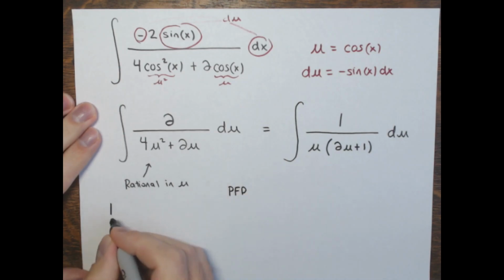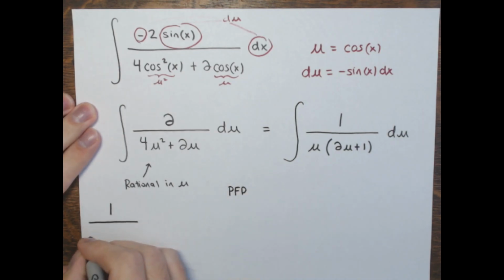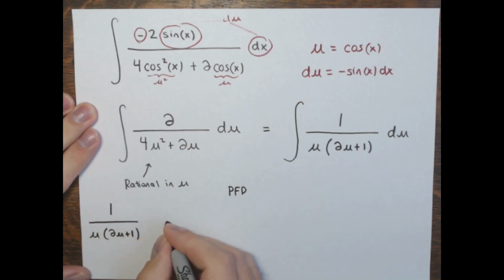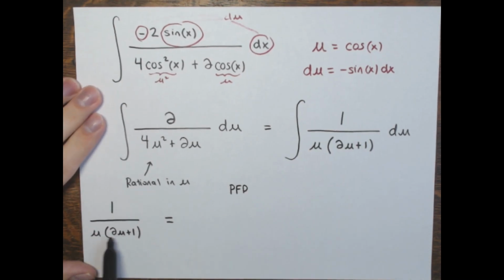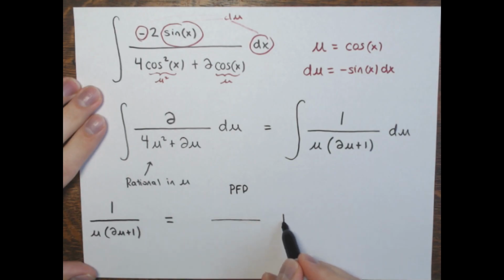All right, so this fraction, 1 over u times 2u plus 1, a proper fraction, based on what we've been seeing in all the other problems, I should be able to rewrite this as a sum of, there are 2 factors in the denominator, so a sum of 2 fractions.